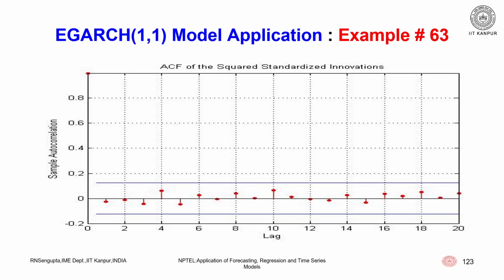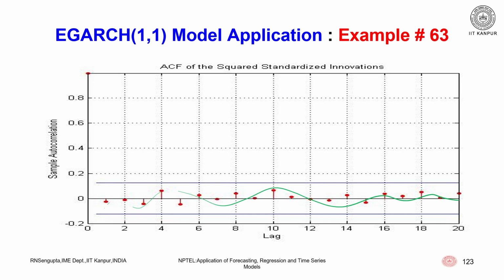For the EGARCH model, when we run it, the autocorrelation function for the squared standardized error is quite nice. There is much less fluctuation than in the autocorrelation function when you use the other models, GARCH or EGARCH.